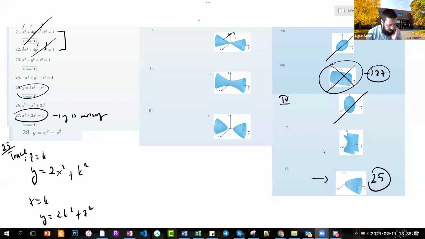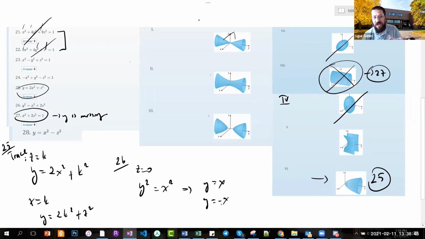Alex says 5 goes with 28. And Matthew said 26 is cone. Let's look at the 26. Yes, all of them are squares, as you see. On one side, I have the y squared, and on the other side, I have x squared. As you see, guys, if you give z equal to 0, for example, for 26, yes, if I give z equal to k, that would be y squared equal to x squared, and then either y is equal to x or y is equal to negative x.